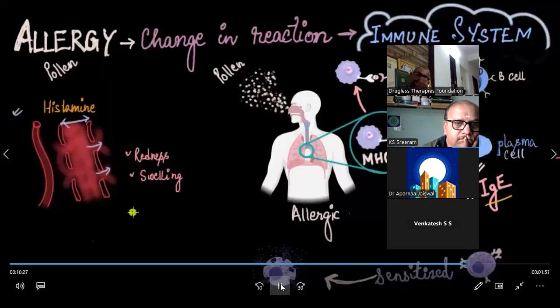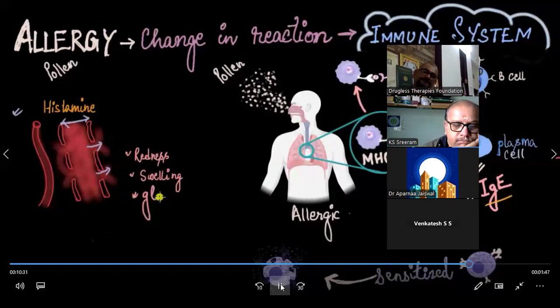And on top of that, histamine increases glandular secretion. So let me write down gland secretion. In this case, it increases the secretion of the mucus glands and therefore Ram gets a runny nose. And all these cause a lot of irritation in the nasal passage of Ram and that causes continuous sneezing.